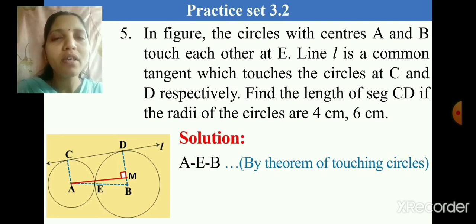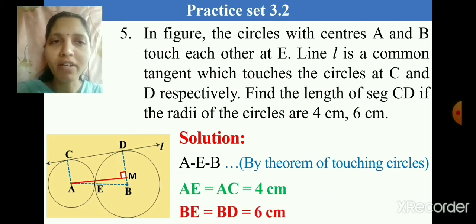Here points A, E, B are on the same line. They are collinear because these 2 circles are externally touching circles. Therefore the common point between these 2 circles is always collinear with the centers of these circles, that is by the theorem of touching circles.